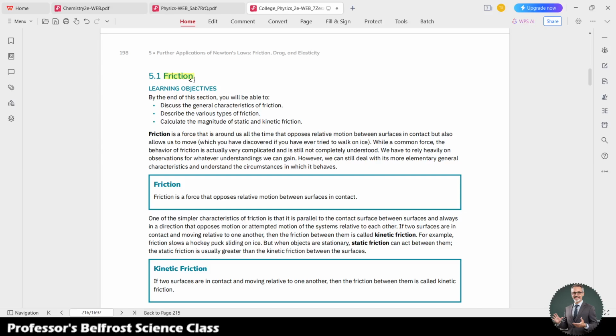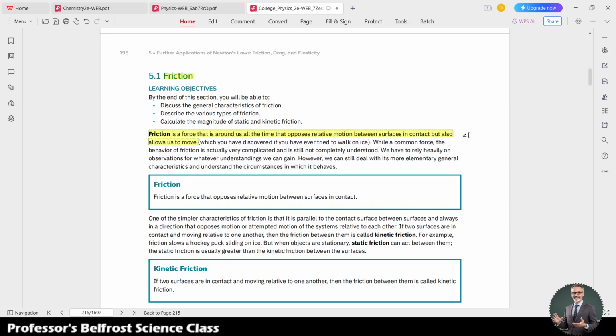We have discussed a little about friction before. So what's friction? Friction is also a force that opposes relative motion between surfaces in contact. And it is not useless; friction is needed, and it allows us to move.